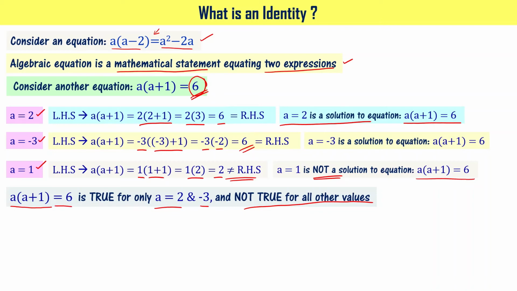It means the equation is not true for all those values. Except for 2 and minus 3, you will not get this equation true. Please note this point.